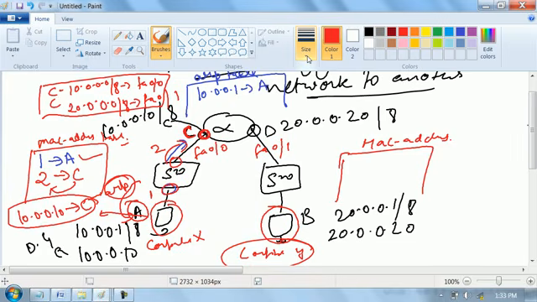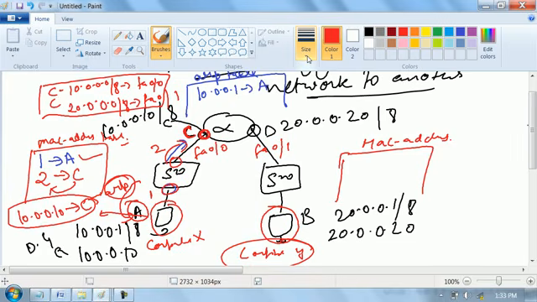Second thing, router will try to find out exit interface. Router will check in the routing table. What is the exit interface? Third step, router will switch traffic from incoming interface to exit interface. Done, traffic switched.